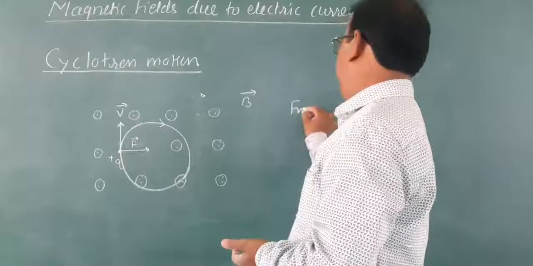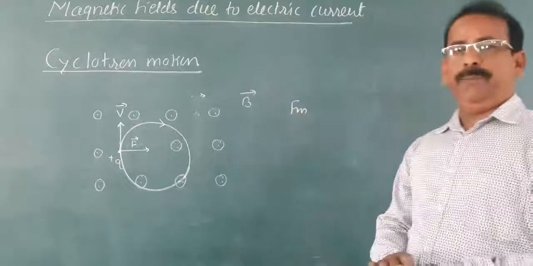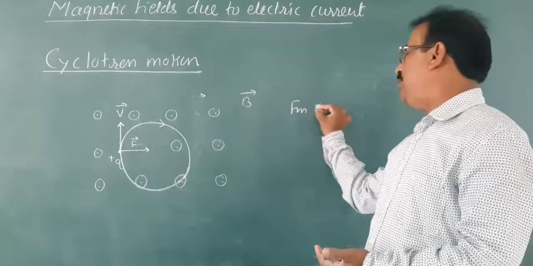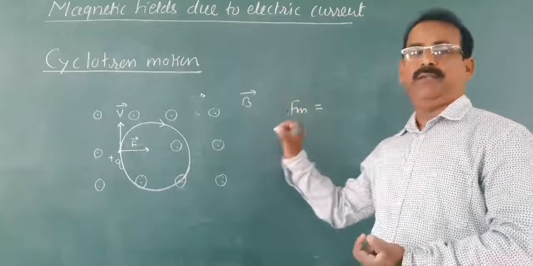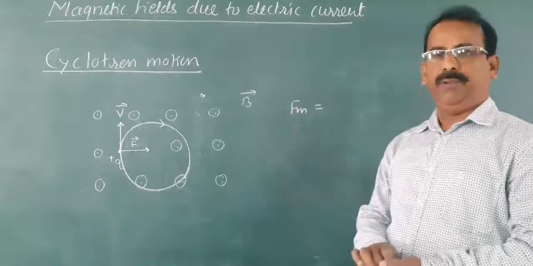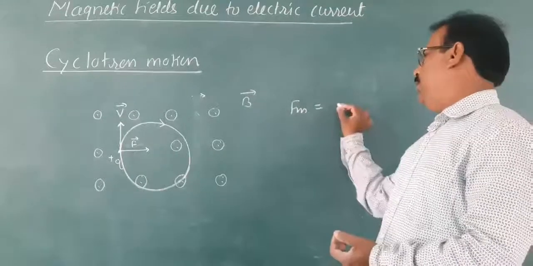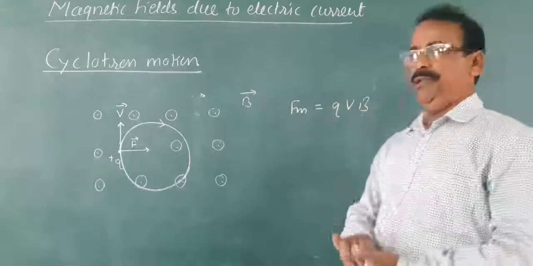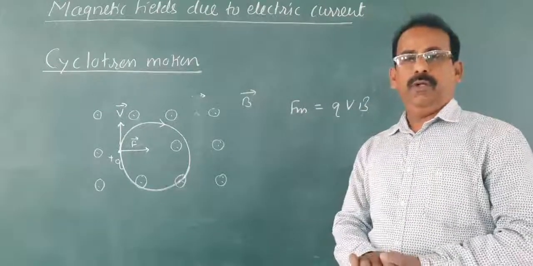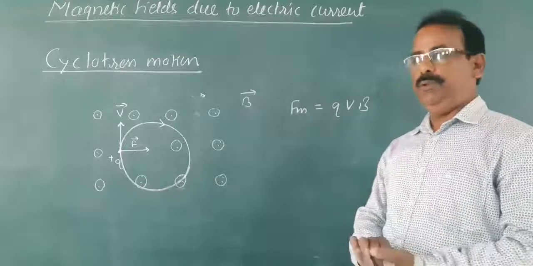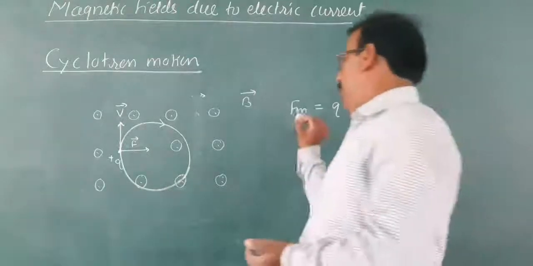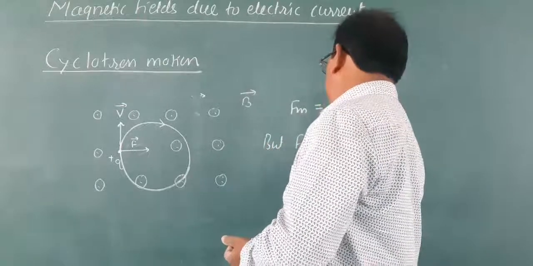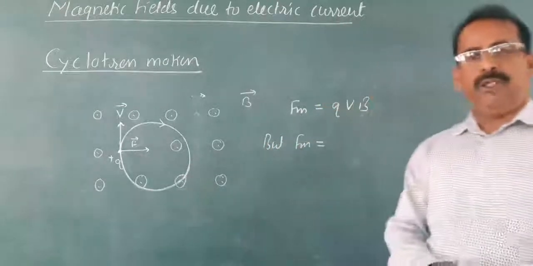Here, the magnetic force acting on the electric charge is maximum as velocity is exactly perpendicular to magnetic field vector. Therefore, we get Fm equal to q into V into B. But this Fm, magnetic force, plays the role of centripetal force here.